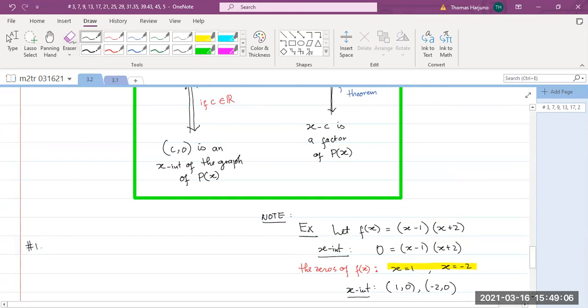Number 17, basically going the same routine again: show that x minus 3 is a factor of f(x) equals x to the fourth minus 2x cubed plus 3x minus 36.